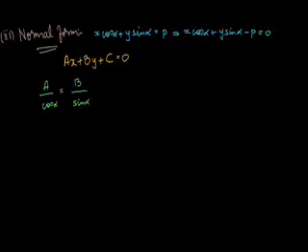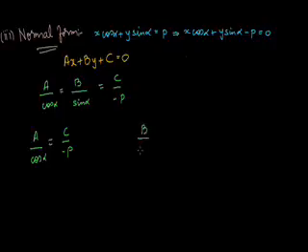So again doing the comparison, I can say that a upon cos alpha is equal to b upon sin alpha is equal to c upon minus p. Now I'll first take these two sides of the equation, that is a upon cos alpha is equal to c upon minus p, as well as b upon sin alpha is equal to c upon minus p.